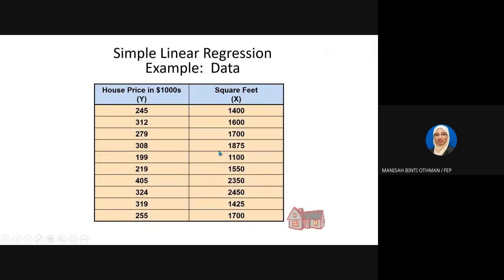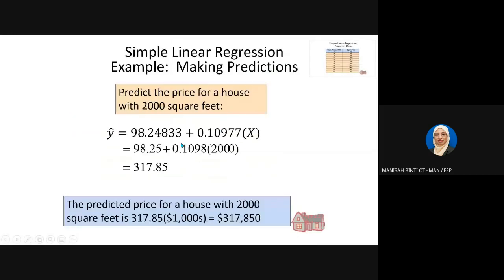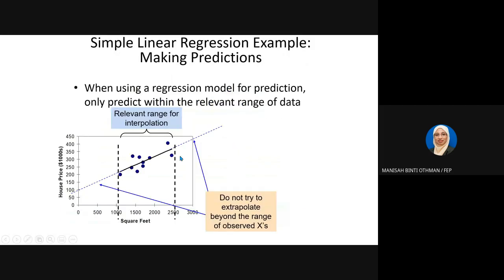You cannot predict, let's say, a size of about 10,000 square feet, because it's different; the changes may be different. You can use it for about 1,000 square feet up to maybe not more than 4,000 to predict the house price.